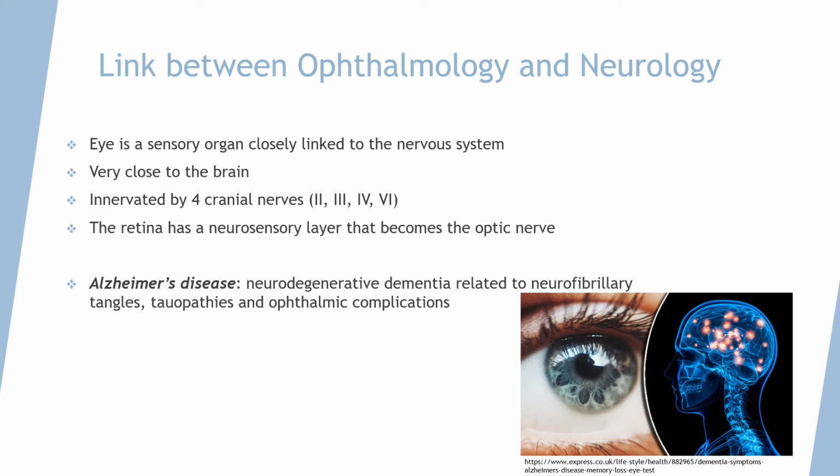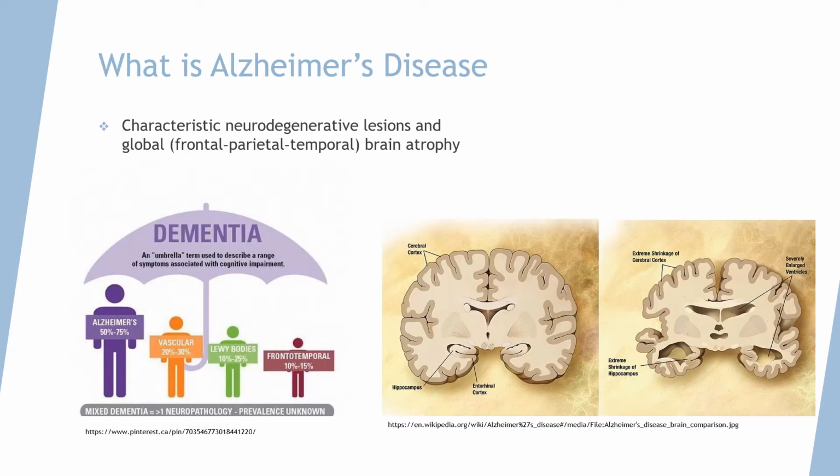One of those is Alzheimer's disease, which is a neurodegenerative dementia related to neurofibrillary tangles, tauopathies, and ophthalmic complications as well. Alzheimer's is one within the spectrum of dementia that has characteristic neurodegenerative features and global brain atrophy.